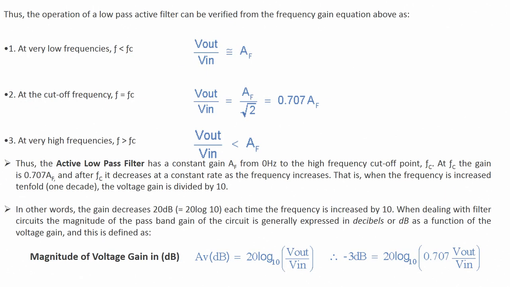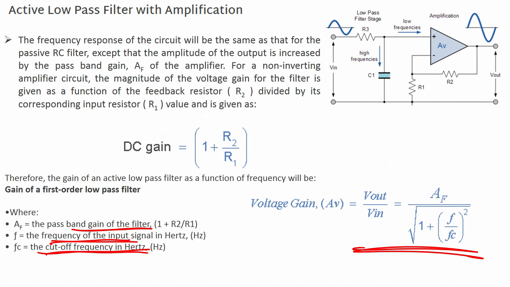So thus the operation of a low pass filter can be verified. At very low frequencies, F less than FC, my output V out by V in equals AF. You see this one, if F is less than FC in this particular case, then V out will be nothing but AF.